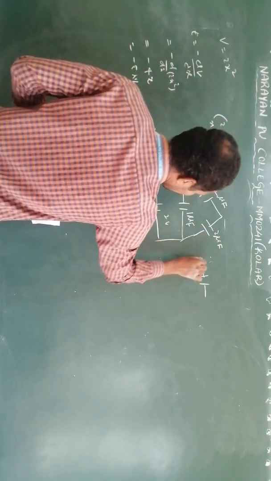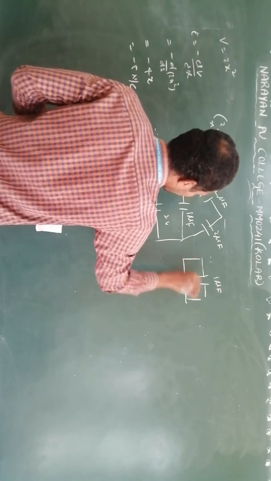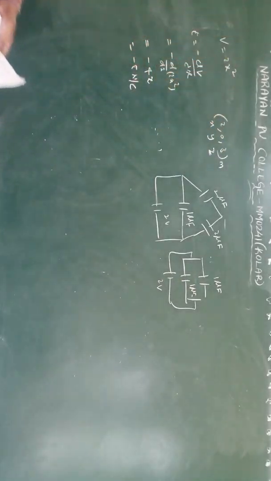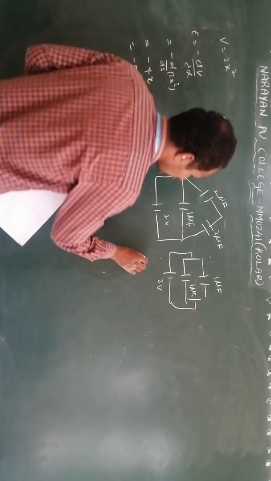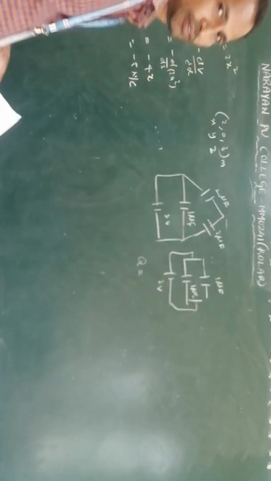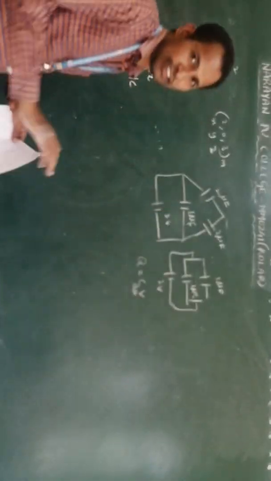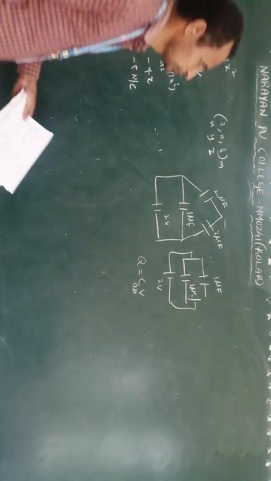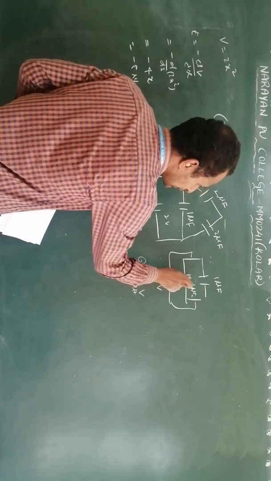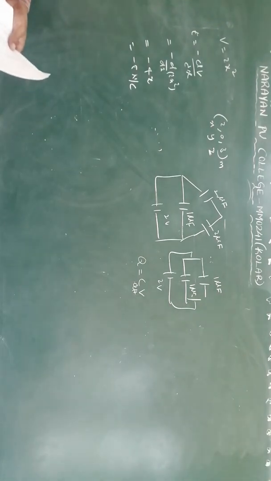So this is 1 microfarad and 1 microfarad, 1 microfarad and 1 microfarad connected to a battery. For equal capacitors the charge will be split equally. What is that charge? The total charge Q is equal to CV. Here you find C effective, find the total charge and divide it. Or you can find it directly. In a parallel combination the potential is the same. Then the capacity is there, so 1 into 2. That we can also find.